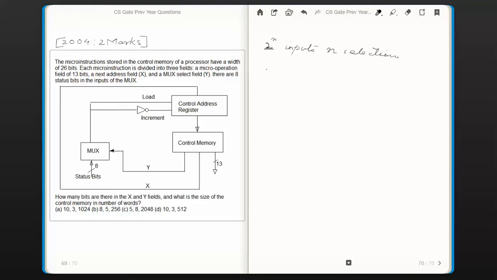Here we have 8 inputs in the mux, which can be represented as 2 to the power 3, so we would require 3 select lines. So the width of the Y field would be 3 bits.